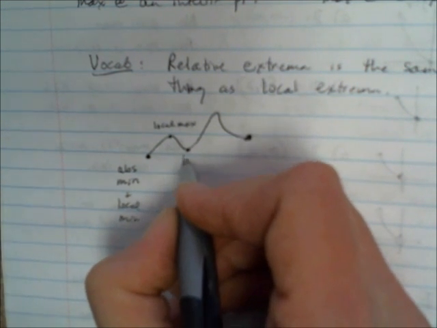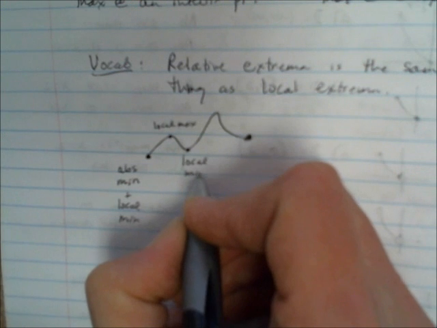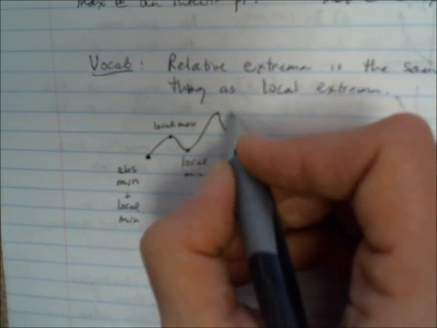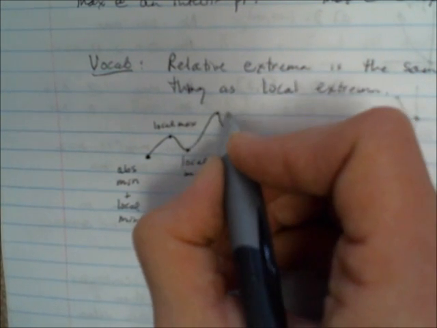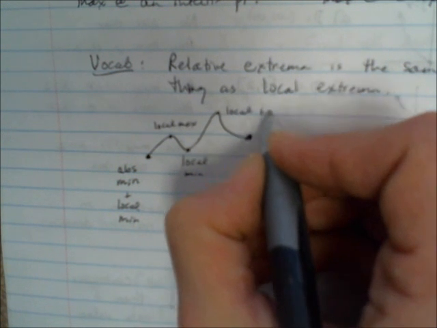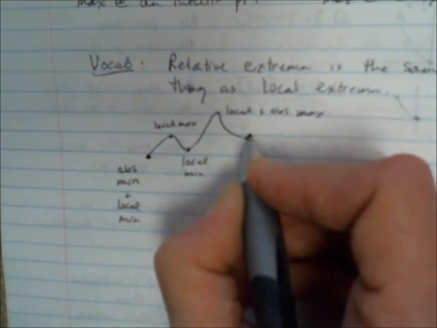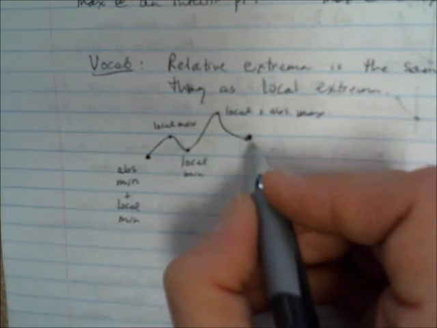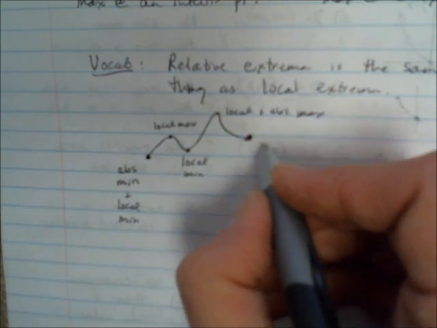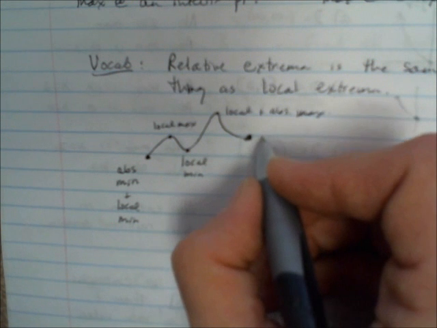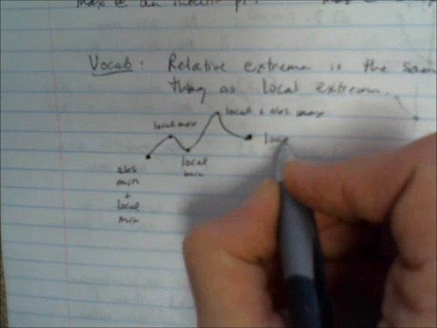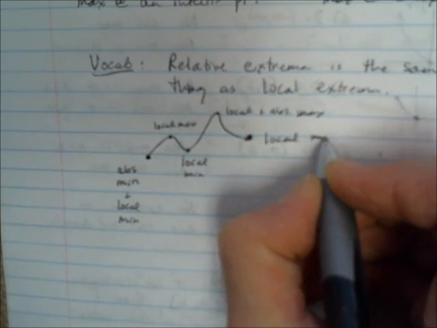So right here is a local min. Up here, this is a local max and an absolute max. And over here, this is a local min only. It's not the lowest, but it's the lowest of surrounding points. So this is the local min.